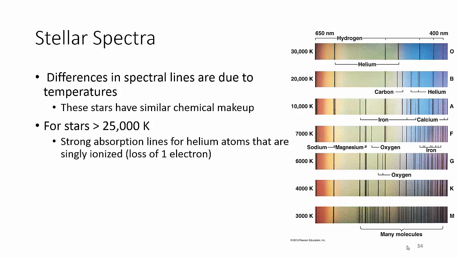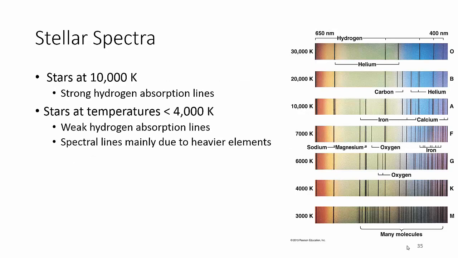Look at the 30,000 and then the 6,000, right? Helium is a lot bigger of an area, and there's not much going on there. Now stars at about 10,000 degrees Kelvin are going to have strong hydrogen lines.